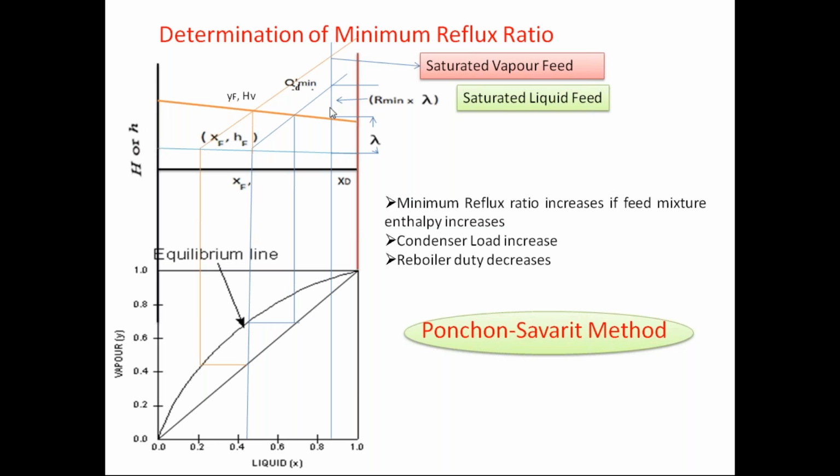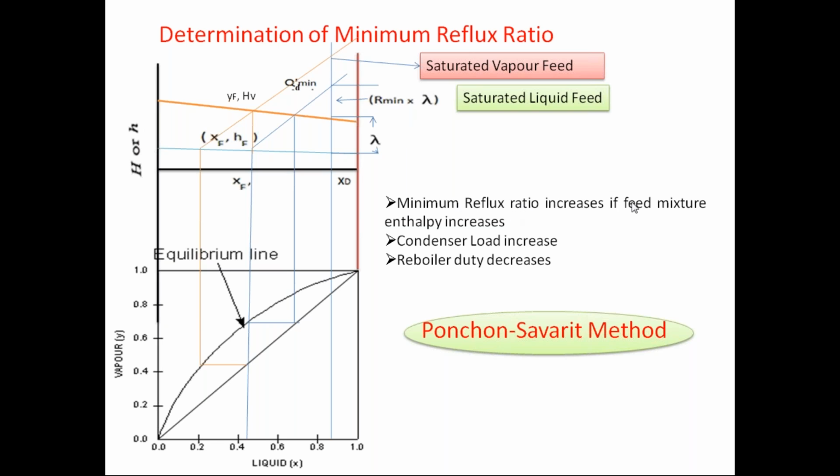So you can say that the minimum reflux ratio increases if the feed mixture enthalpy increases, because here you see the feed mixture initially has this much enthalpy when it is in the liquid state. Now it is a vapor state, so the feed mixture enthalpy increases. When the feed mixture enthalpy increases, minimum reflux ratio also increases, because R minimum should be more to get this point, keeping lambda constant.